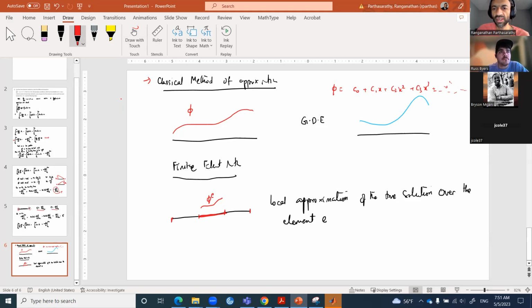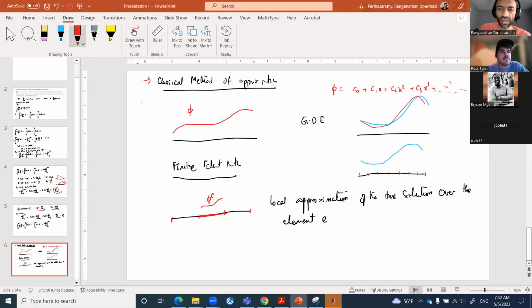Only then can we really get a good fit to this kind of curve. But now imagine the same true solution, but we break this up into many small elements.